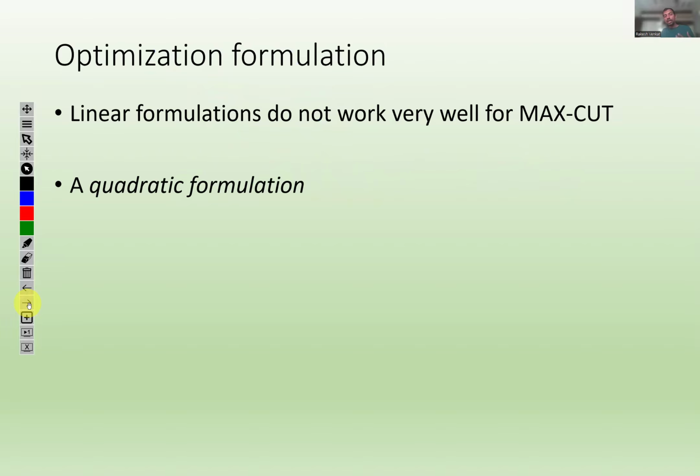I could attempt what I did with vertex cover: write an optimization formulation for MaxCut where the constraints and the objective are all linear, and then try to solve it. However, it turns out that linear formulations do not work very well for MaxCut. I cannot go into detail as to why, but typical linear formulations for MaxCut don't really give good answers for approximation.